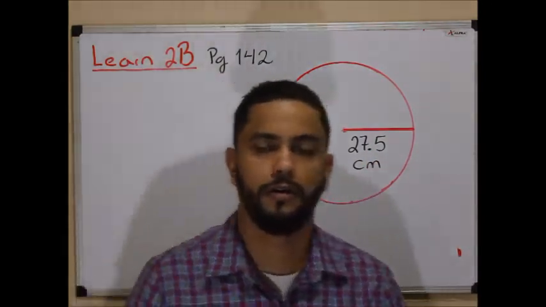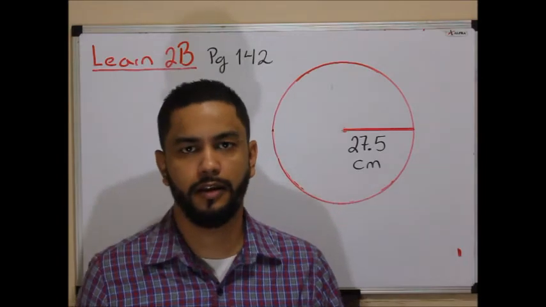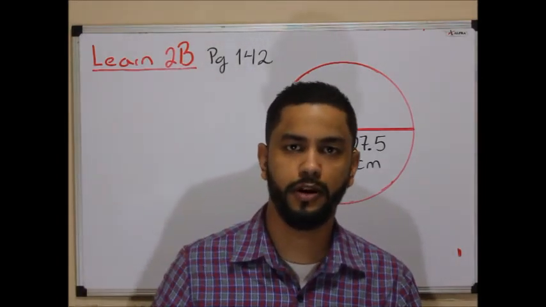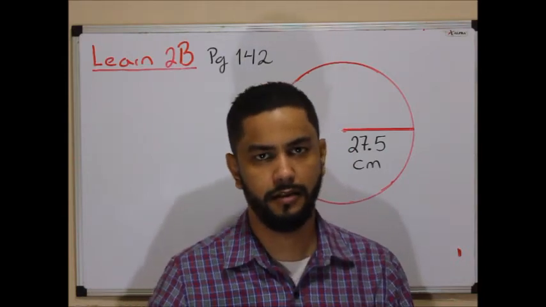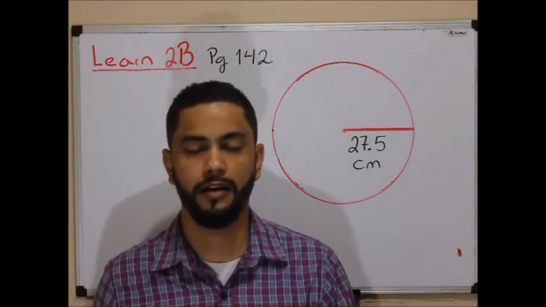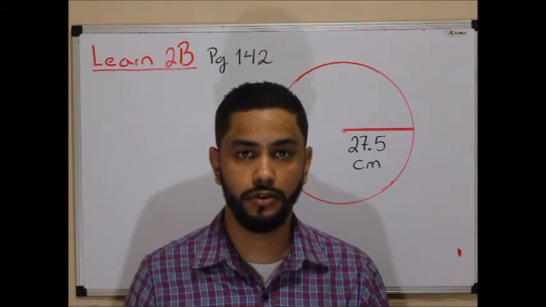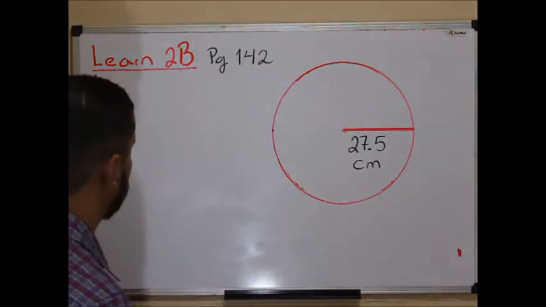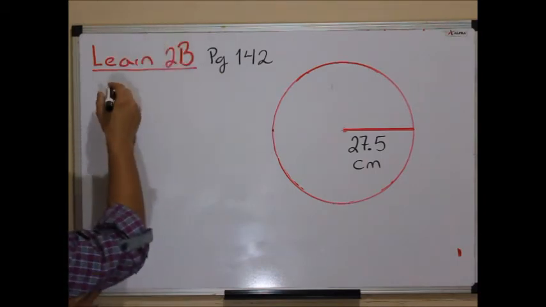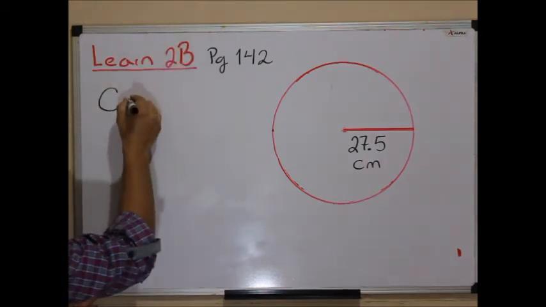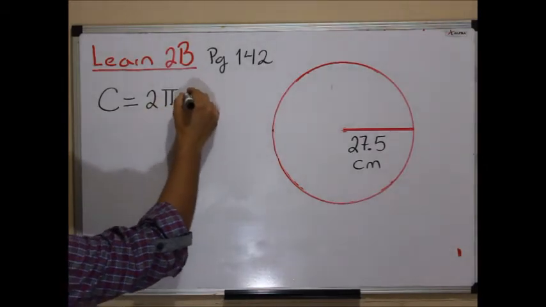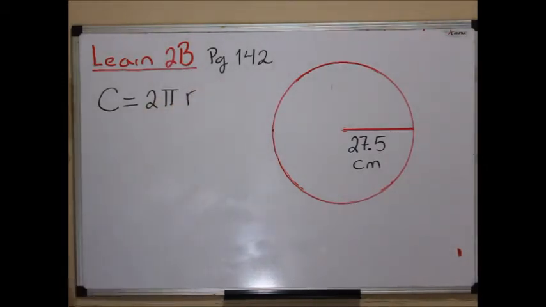So we're going to solve that activity using our formula for circumference, but instead of having the diameter, we're going to use radius. So what will be there our formula? We're going to say that circumference will be equal to 2 times pi times radius.